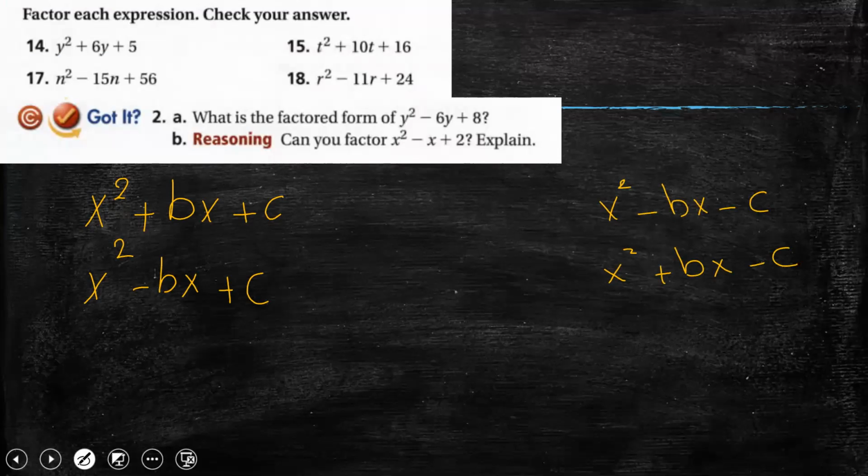These are the 4 cases that we will talk about in this lesson. Yesterday, we talked about these 2 cases. Look at these 2 cases. What is the common between them? The sign of the constant c, the last number, is positive.